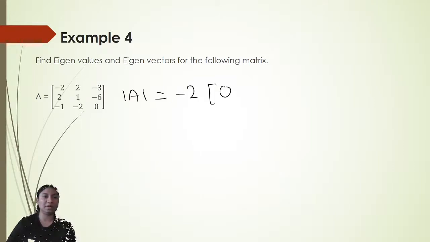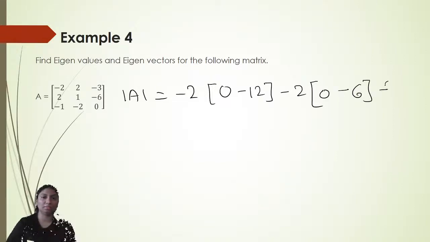Minus 2 into bracket 0 minus of here 12, minus 2 into bracket 0 minus plus 6, minus 3 into bracket minus 4 minus 4 minus of minus 1, it means plus 1.